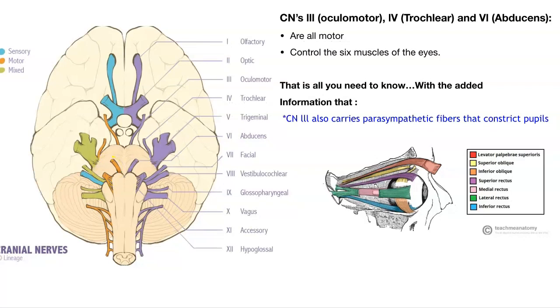The only other thing you need to know is cranial nerve number 3, the oculomotor nerve, also carries parasympathetic fibers that are going to constrict the pupils. So if you shine a light in the eyes, you will see the pupils constrict. So that is from the parasympathetic fibers of cranial nerve number 3.